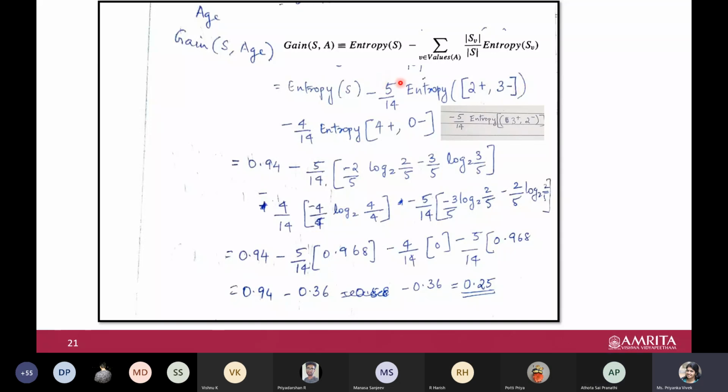So we have 5 with less than or equal to 30 out of the 14 instances. That is the proportion. And then what do you write? The entropy of this 5, with how many positive and how many negative. This was for the value of age less than or equal to 30. Next we have 31 to 40. How do you find it?